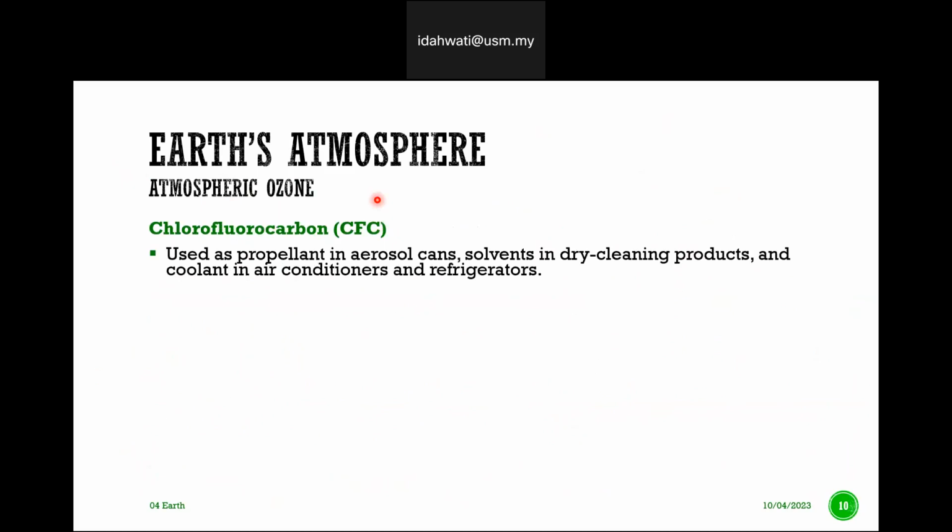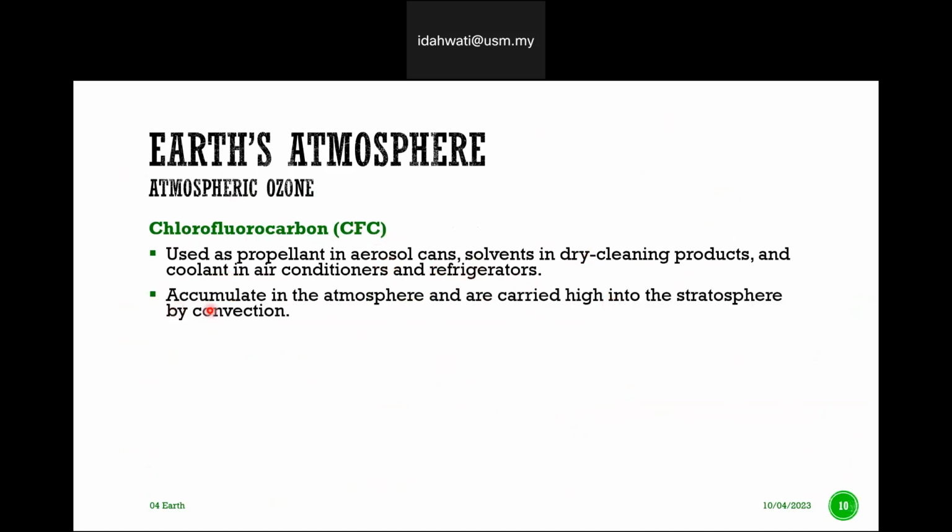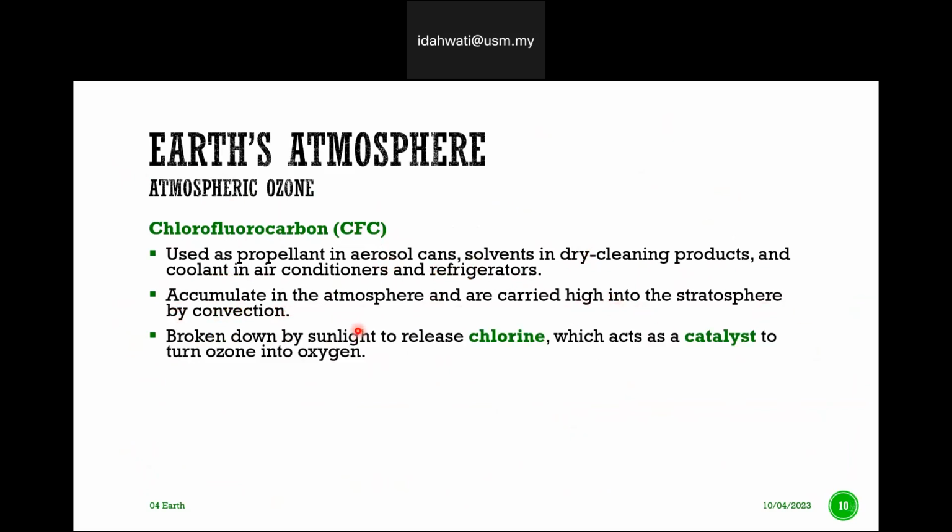How about CFC, or chlorofluorocarbon? It is used as a propellant in aerosol cans, solvents in dry cleaning products, and coolant in air conditioners and refrigerators. So normally it is found in refrigerators. It accumulates in the atmosphere and is carried high into the stratosphere by the convection process.